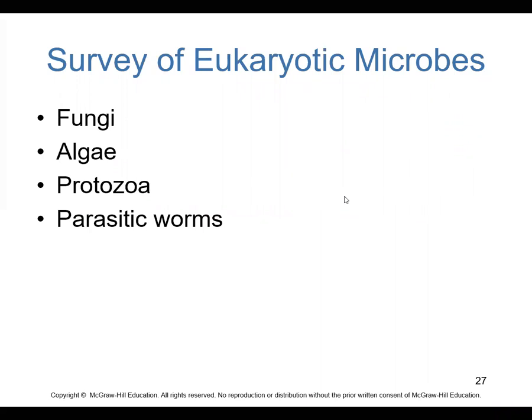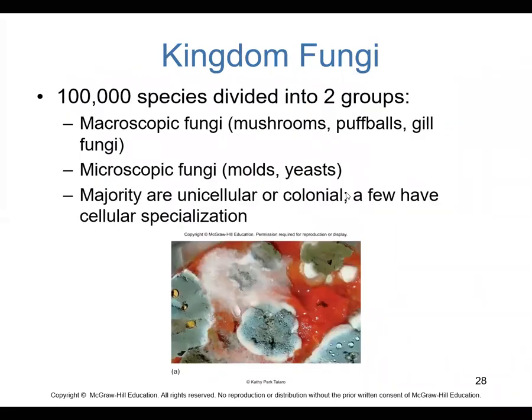All right, so our microbes, fungi would be the first ones we talk about, in the kingdom fungi. Two main types, your macroscopic and your microscopic. Your macroscopic are your mushrooms, puffballs, and gill fungi. Your microscopic are your molds and yeasts. By far, the majority of both groups are unicellular or colonial.